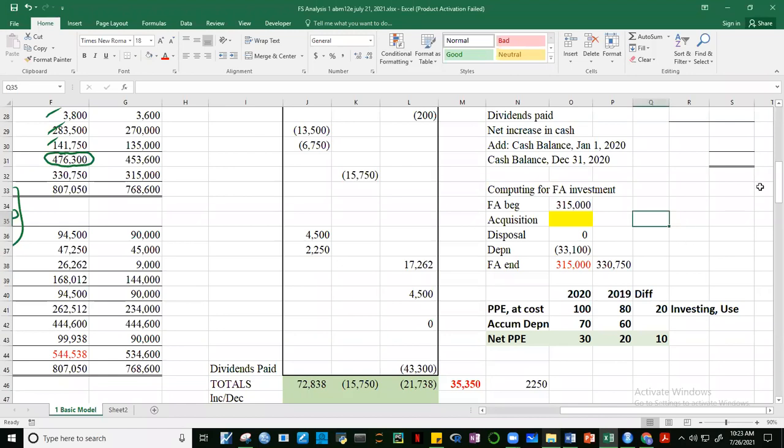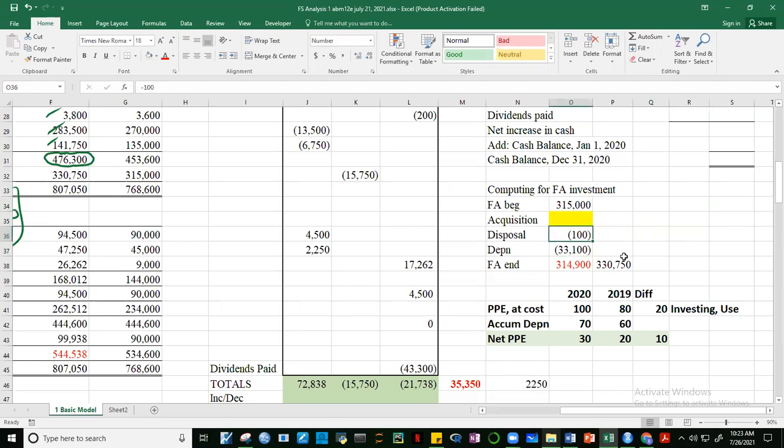Now I'm going to show you a secret quickly how to solve algebra equations in Excel. Mas madali, no? So kailangan i-set up muna natin. Yung equation natin is the beginning plus the acquisition plus disposal. Pina-plus ko, pero kung may disposal, dapat nakalagay ng negative 100, example lang yan.